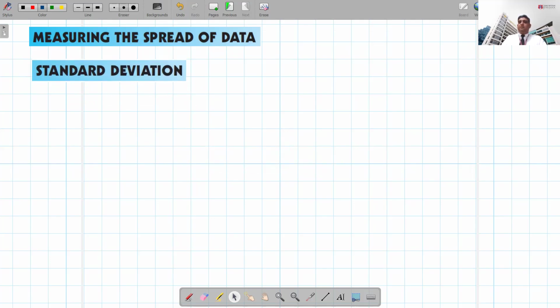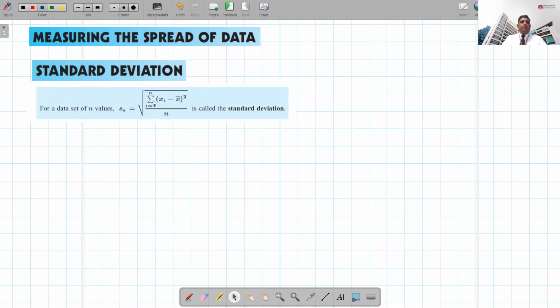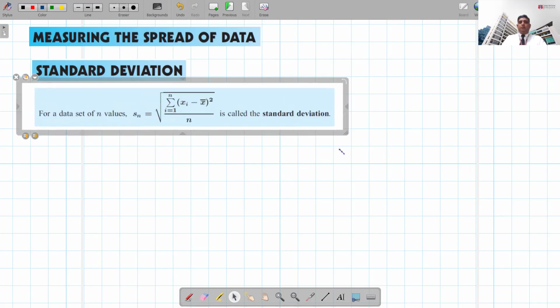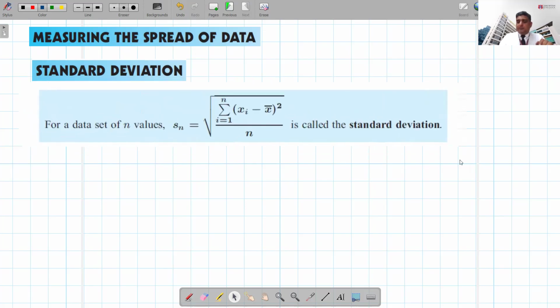So standard deviation. And this is the formula for standard deviation. I want you to go through this very carefully. I'm going to explain each and every component in this formula. So xi means every piece of data available to us.